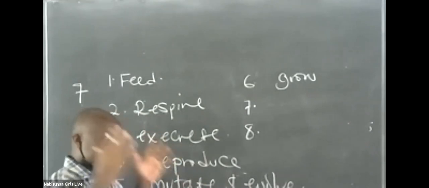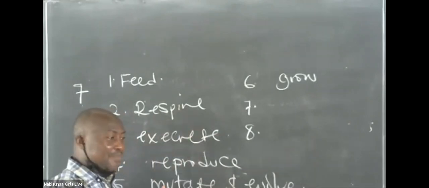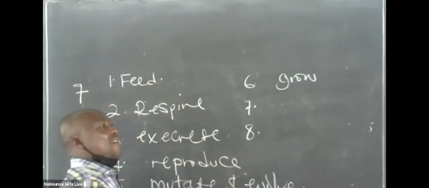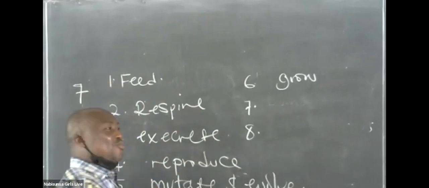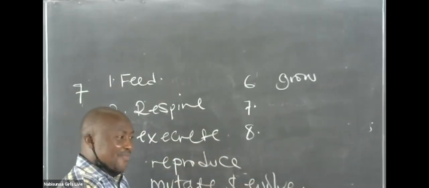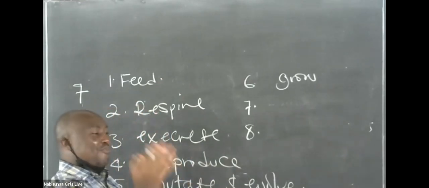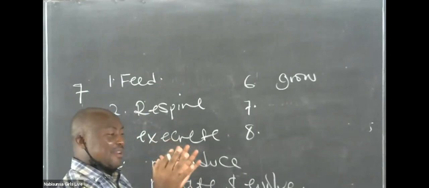It is still in one place, but moving about. Like my hand, my hand is moving, but the whole me, I'm not moving. So locomotion looks at the whole organism moving from one point to another point.